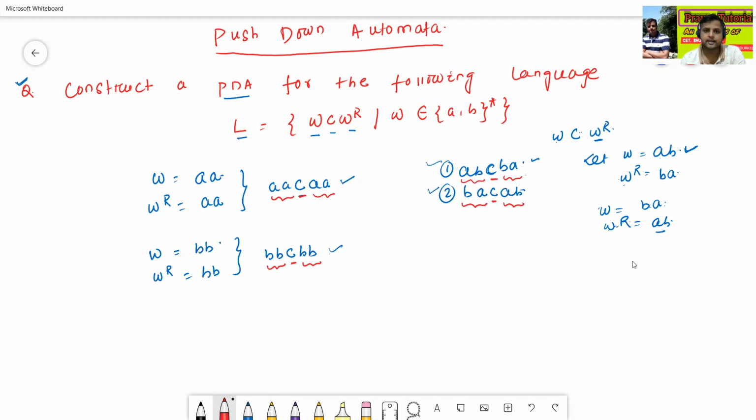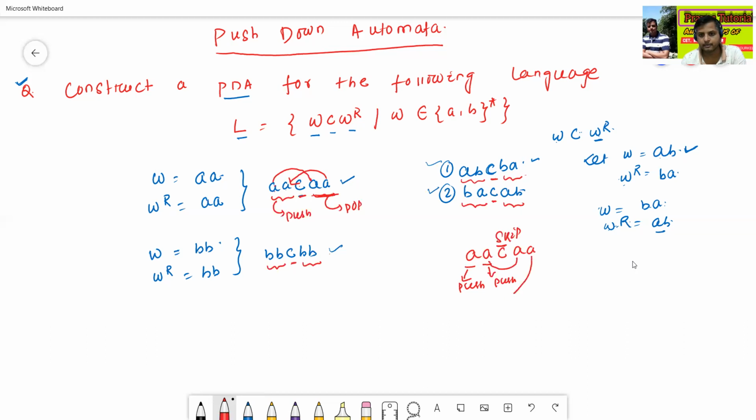So that means before C we can push, and after C we can pop. In this, A will pop this A, and this A will pop this A. In the case A C A, A is pushed, C is skipped, and A will pop this one.